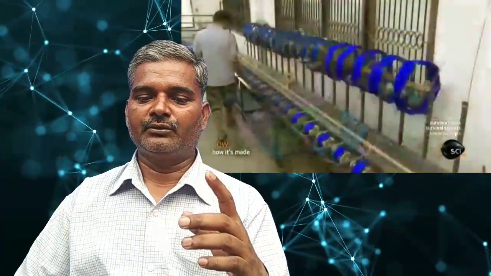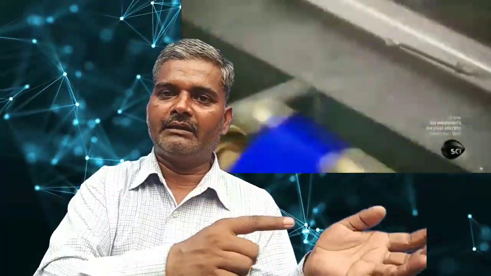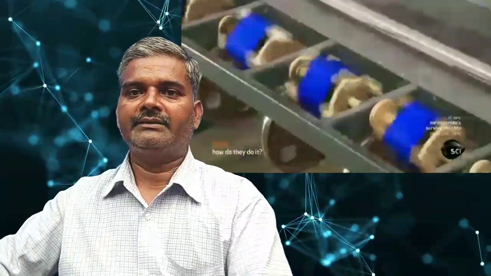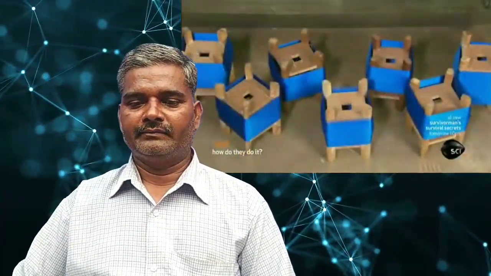This thread is raw silk, and this process is called reeling. When we join 4 to 8 cocoons one by one, it makes a reel, and this is called reeling.